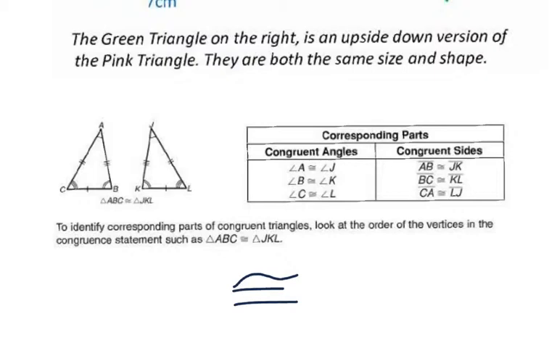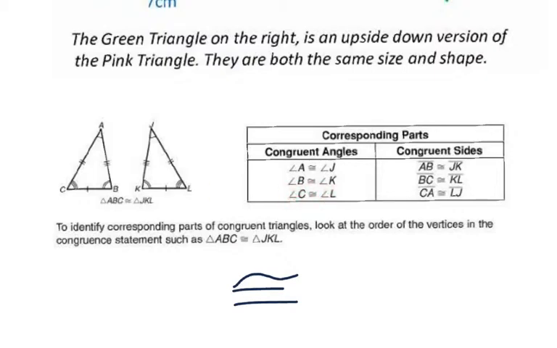What a congruent statement means is it lines up all those corresponding parts for us. A and J are both the beginning letter, so angle A and angle J are congruent. B and K are in the middle, so angle B and angle K are congruent. C and L are the last in the congruent statement, so those are congruent.